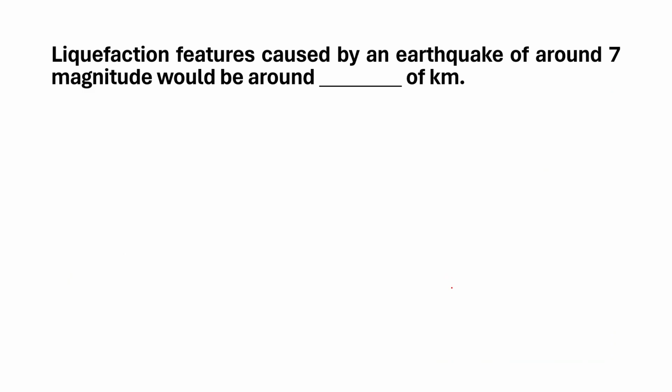Liquefaction features caused by an earthquake of around 7 magnitude would be around dash of kilometer. What I'm trying to ask is, if the earthquake is of magnitude 7, then how far can you see the liquefaction features in that area?